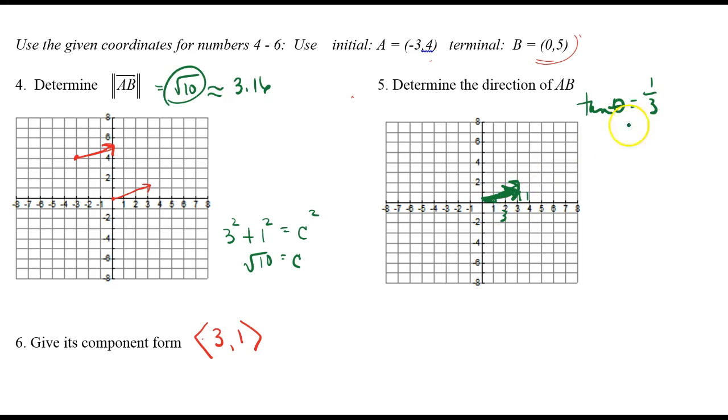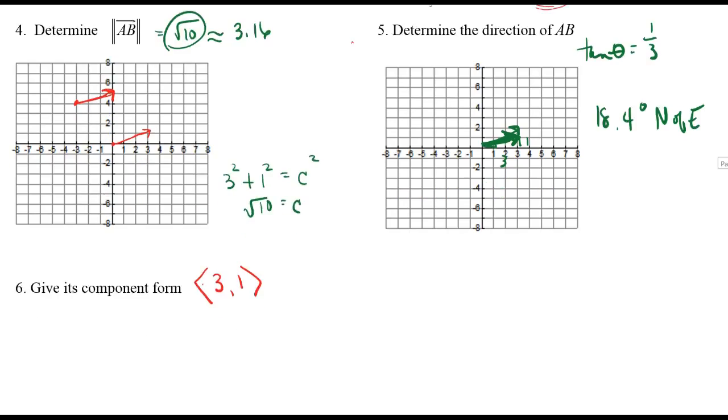That's the opposite over the adjacent. And now I'm going to do the inverse tangent of 1/3. Inverse tan of 1/3. I'm getting 18.4 degrees. And I'm going to go ahead and write north of east because that's what quadrant I'm in, and that's how I can express that angle. All right, cool. Now we move on.